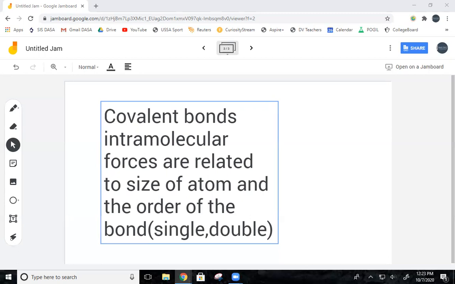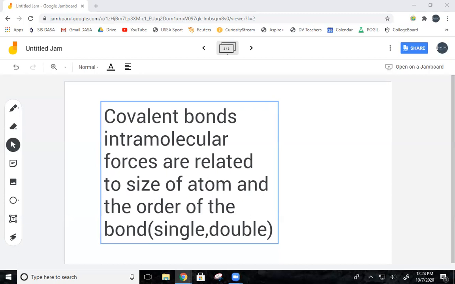So we're talking about bonds between atoms in molecules. And there can be ionic interaction between polar molecules, right? That's what hydrogen bonding is in water, surface tension. But yeah, you're right, that is much weaker, the interaction between polar molecules.